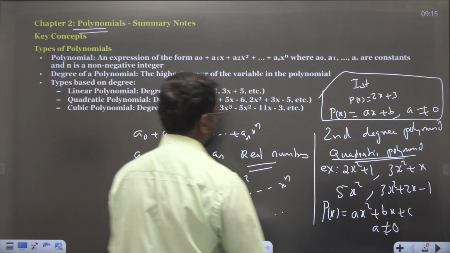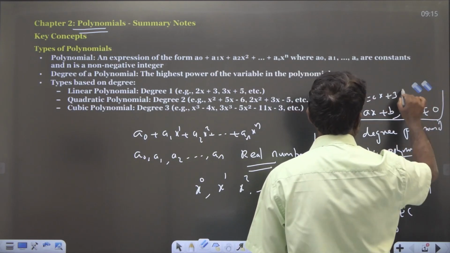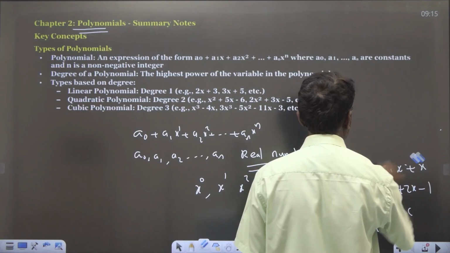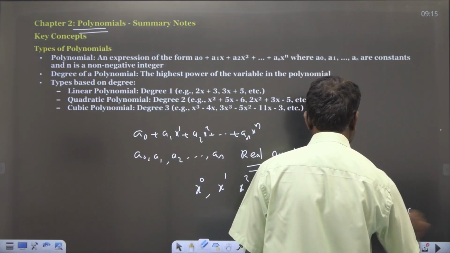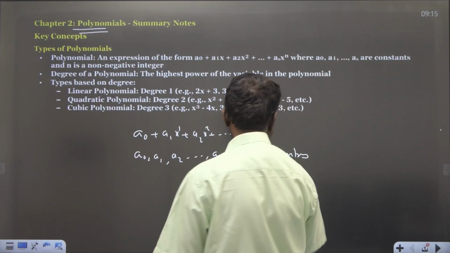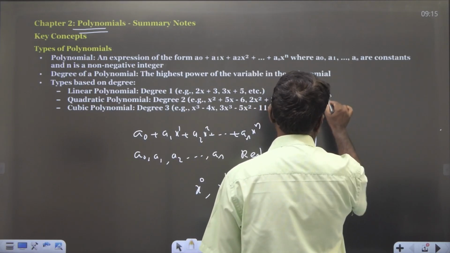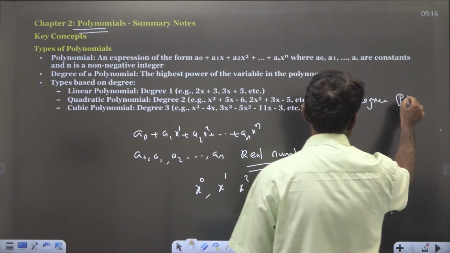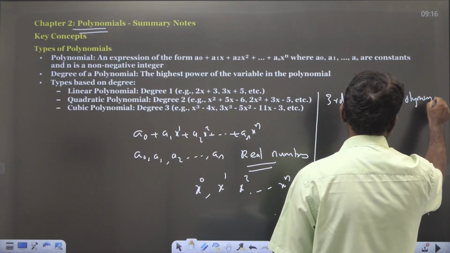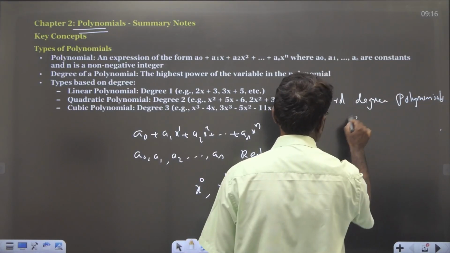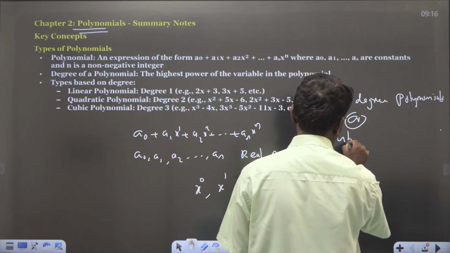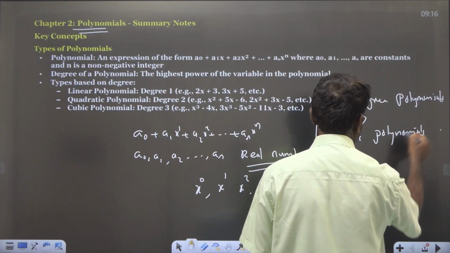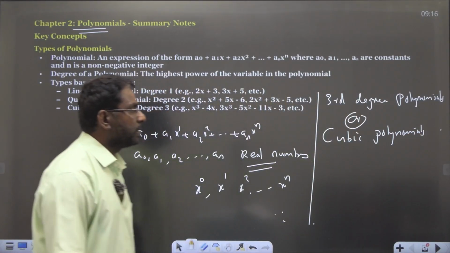Next is cubic polynomial. From the word cubic, we can understand that cubic means third degree. Third degree polynomials or cubic polynomials.